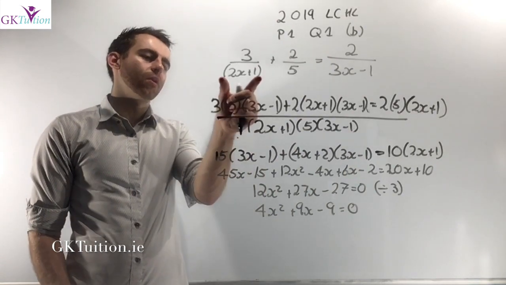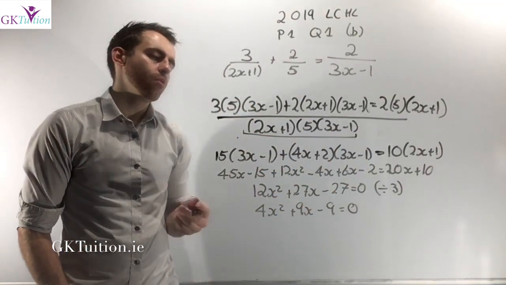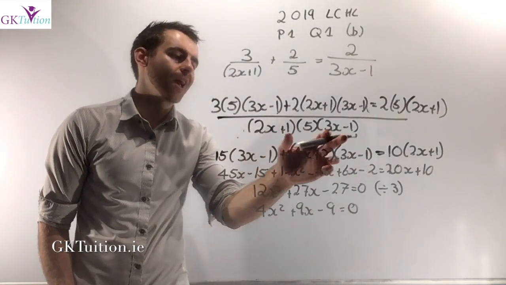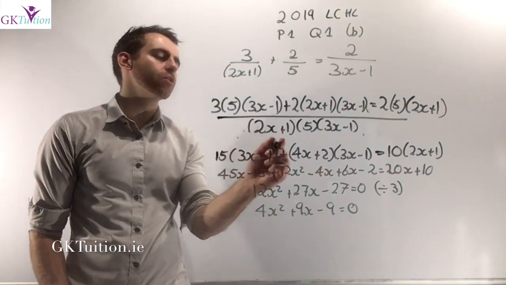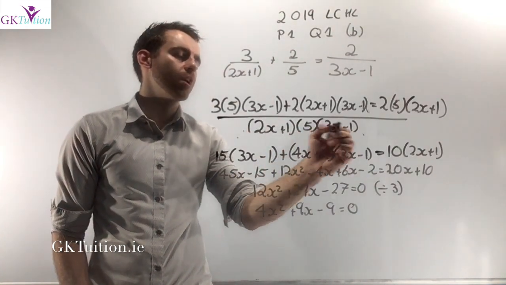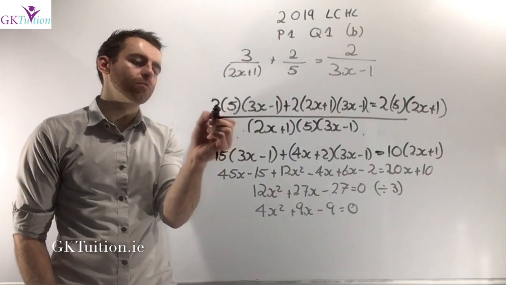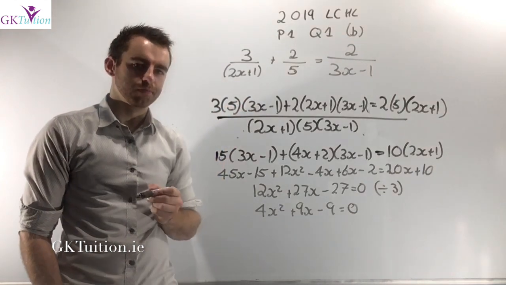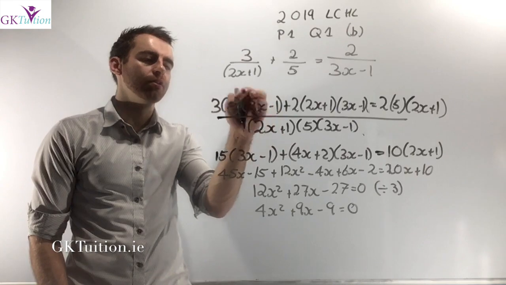If you divided 2x plus 1 into this denominator, the 2x plus 1 would cancel with itself, and I would just be left with 5 times 3x minus 1. So hence on the top here, I've multiplied what I put down originally by 5 by 3x minus 1. That's the first term we have on the top.